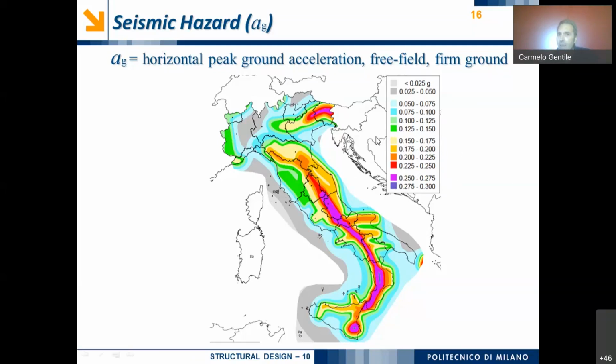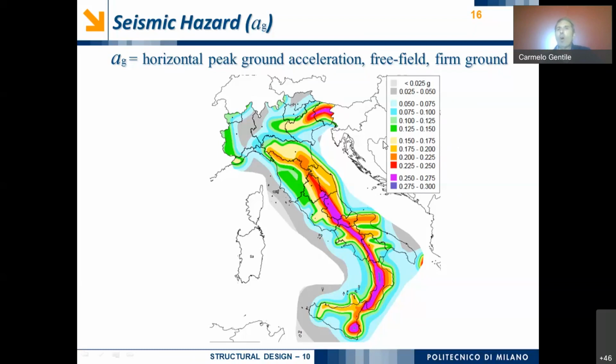But if I'm not lucky, during the lifetime of the building, for example, during a scheduled lifetime of 50 years or 100 years, that building might experience also the largest earthquake expected in that site. And so, in that case, I will undergo the largest earthquake, but also using the inelastic behavior of the building.